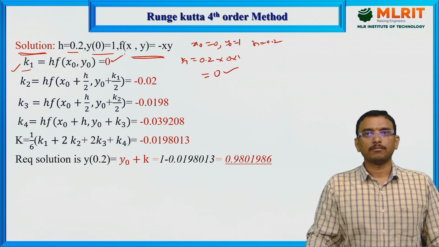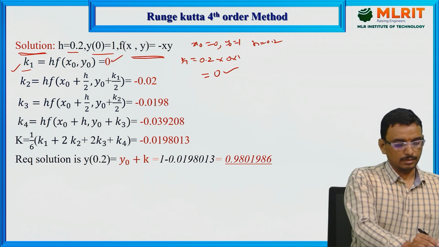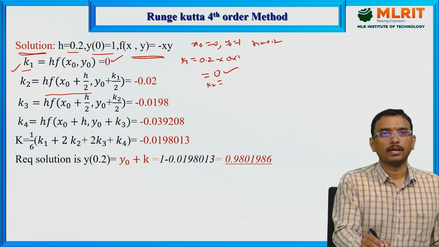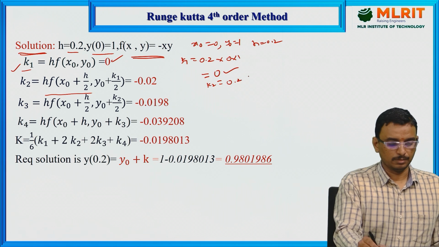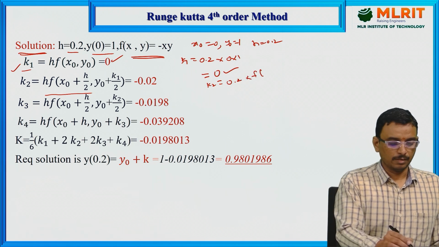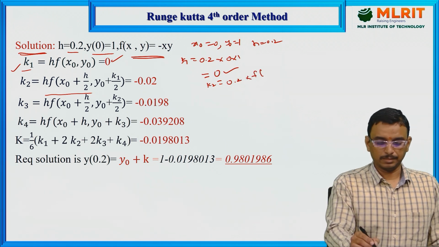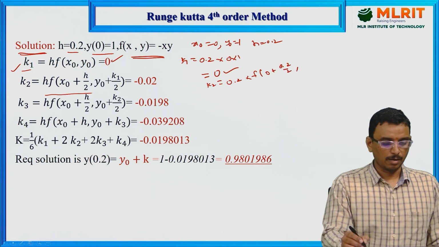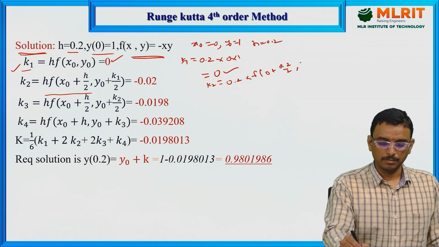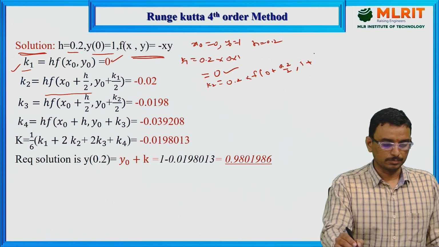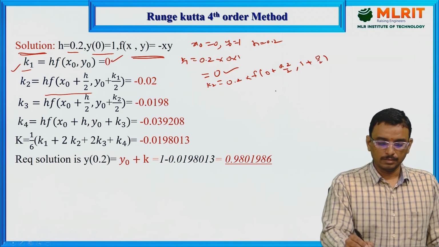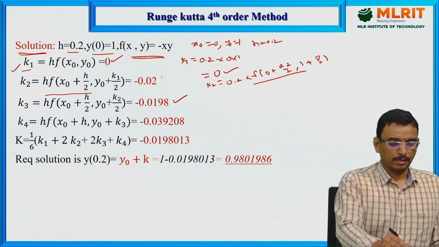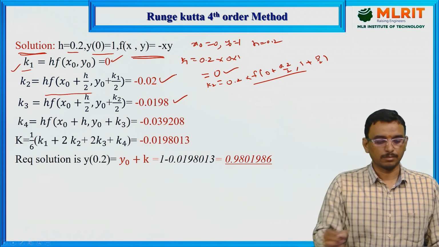Similarly, we can find the value of k2, that is h into f of x naught plus h by 2 comma y naught plus k1 by 2, where h is 0.2. So x naught is 0 plus 0.2 by 2, comma y naught 1 plus k1 by 2, that is 0 by 2. By finding this, we get the k2 value minus 0.02.